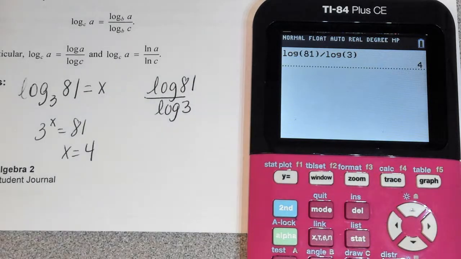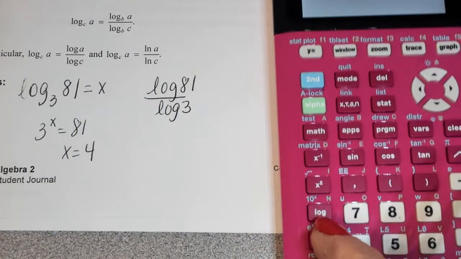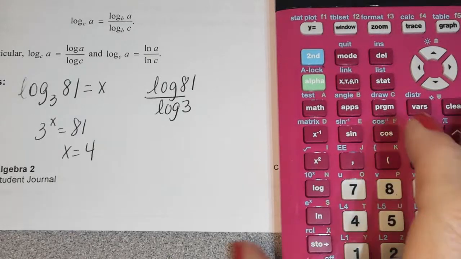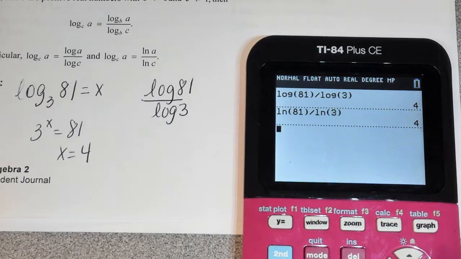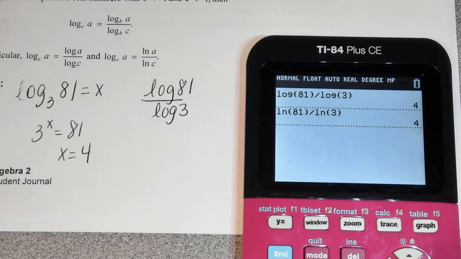And it gives me that answer of 4. I also could have done the natural log. Watch this. Natural log is right here. It's under my log button. So I could have done the natural log of 81 divided by the natural log of 3. And that's also going to give that same answer of 4. So we have lots of options there with our change of base formula.